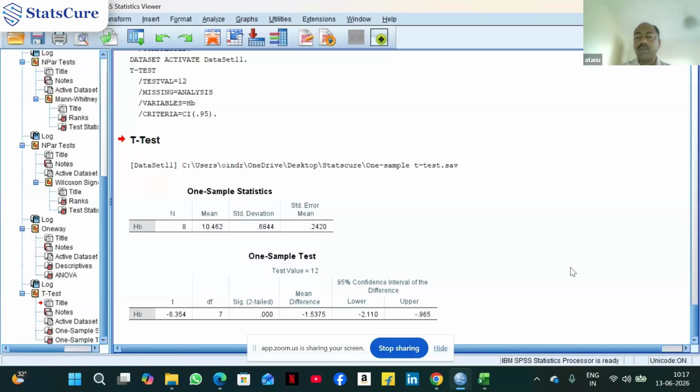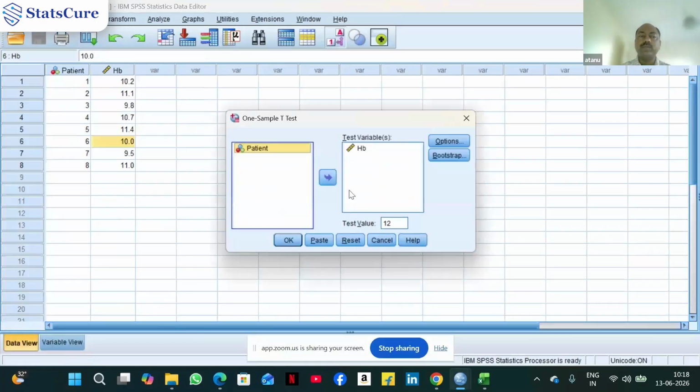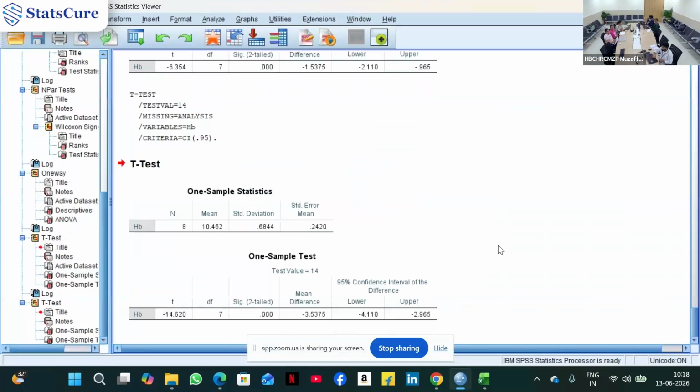For example, if you shift from 12, you can see a significant difference is going to come. Instead of 12, we can try two more options. Let's do one quickly before we jump to another test. Let's put 14, and also 10.5, and see what happens. See, it is going to be a much more significant difference. Earlier the lower interval was minus 2.1 to minus 0.96.